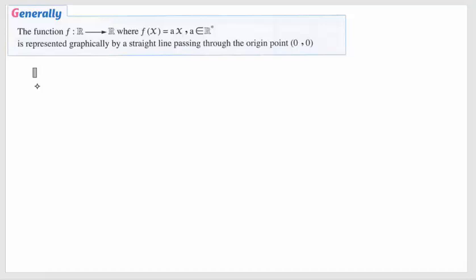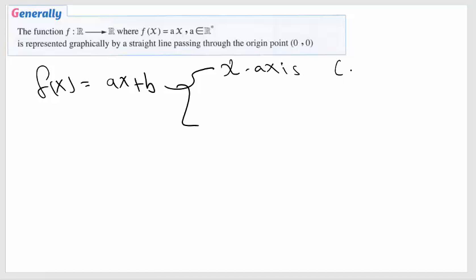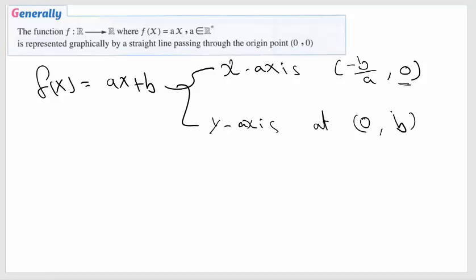You said to me that if the function f of x equals ax plus b, it will intersect the x-axis at negative b over a and 0, and it will intersect the y-axis at the point 0 and b, because any point on the x-axis has its y-coordinate, or its second projection, equal to 0, and if the point lies on the y-axis, then its x-coordinate will be equal to 0.